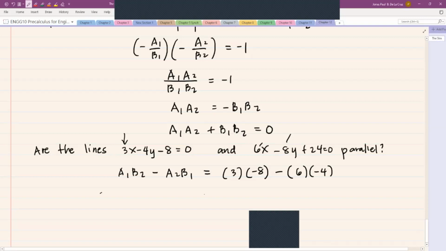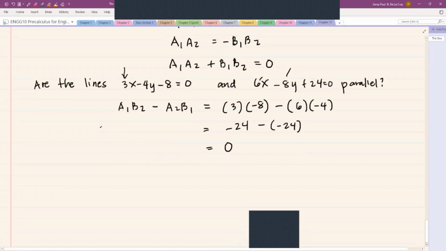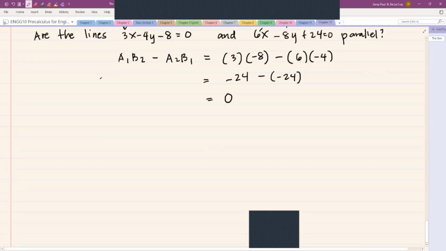So this is negative 24 minus negative 24. Then, equals 0. Ibig sabihin, they are parallel. So yes, they are. Yan. So since nag-equate to 0, our conclusion is they are parallel lines. Okay?